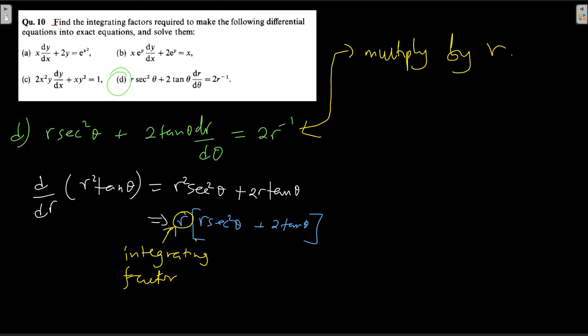In that case we'll have r squared sec squared theta plus 2r tan theta dr. Wait, did I miss something here? I guess that's it. This is supposed to be dr d theta. Okay, that's going to be the r d theta.